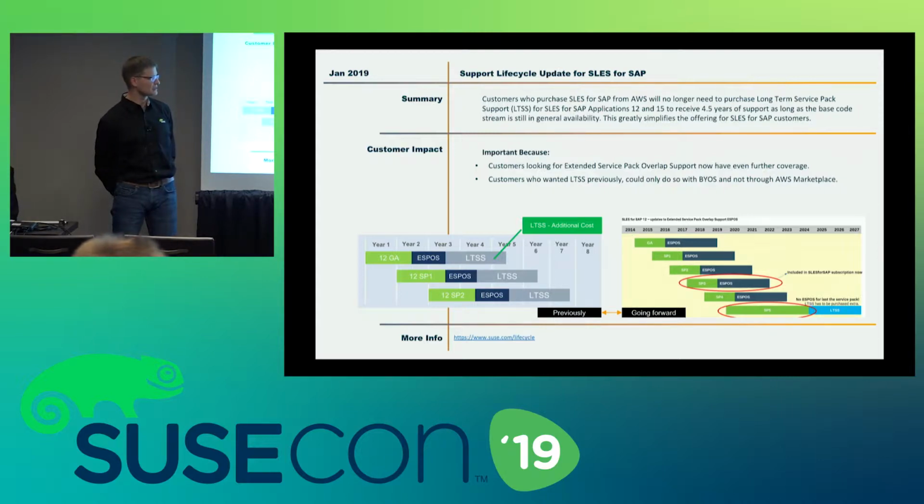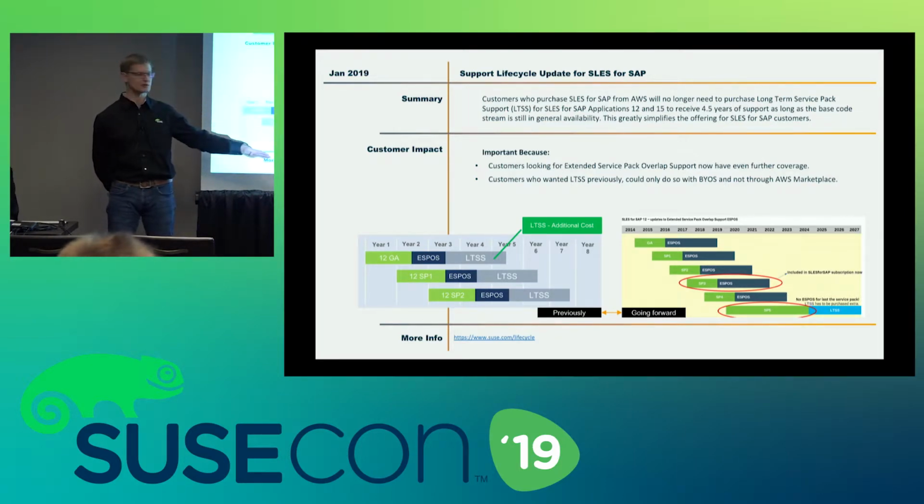So this makes the subscription purchase a little bit easier for the customer, so they have only one subscription for the whole lifetime over 4.5 years. And if they would like to have a longer support life cycle for an instance or for an environment, they have to go to the latest service pack, so that's still necessary.